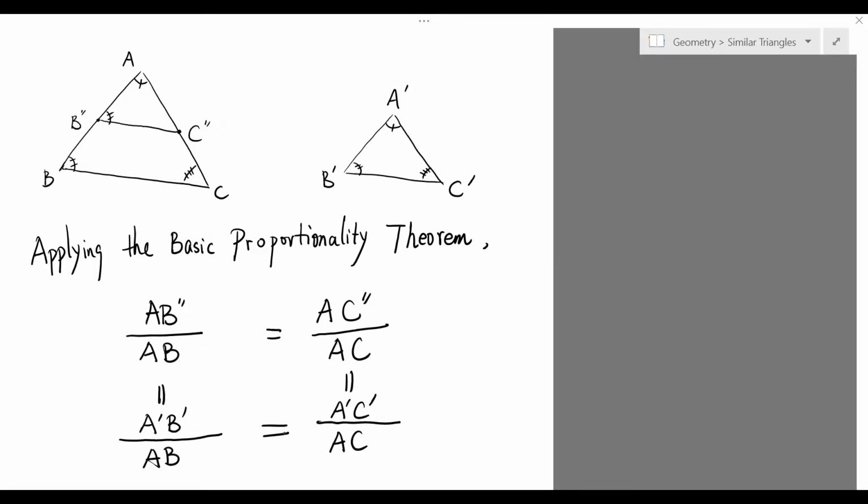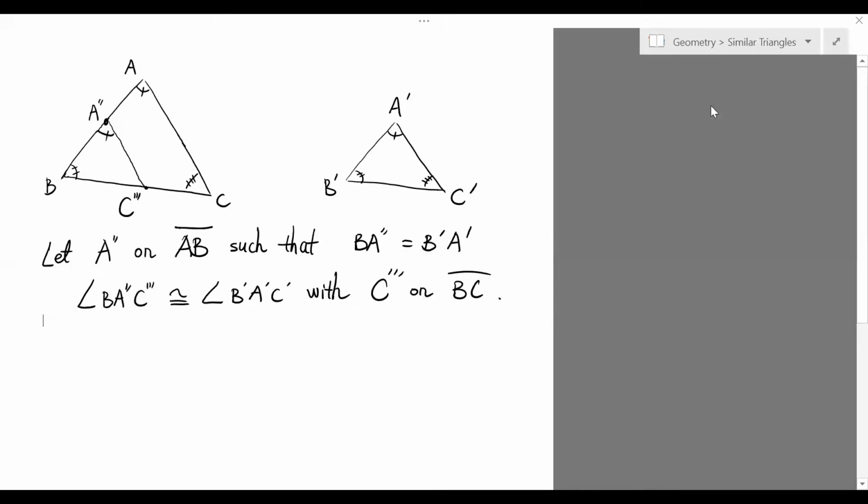To complete the proof, we will employ a similar construction, but in a slightly different perspective. This time, we're going to find a point A double prime on the segment AB such that BA double prime is equal to B prime A prime. And we will construct an angle BA double prime C triple prime congruent to B prime A prime C prime with the C triple prime on the line segment BC.